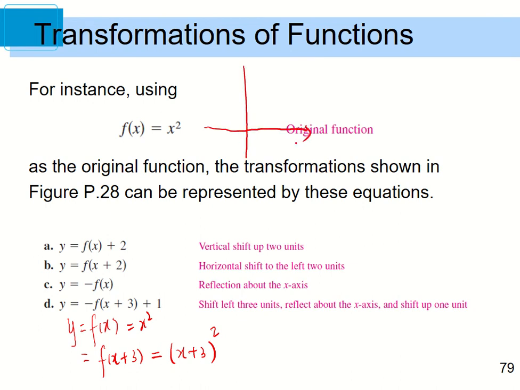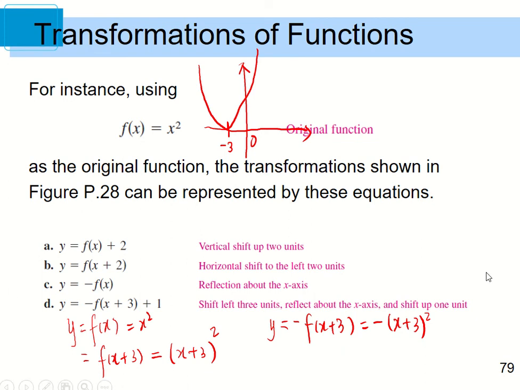So you can imagine that we shift the graph by 3 units. What is the value here? Negative 3. The graph has been shifted to the left by 3 units. After that, we follow with the negative. We have negative f of x plus 3, and this gives us negative x plus 3 squared.